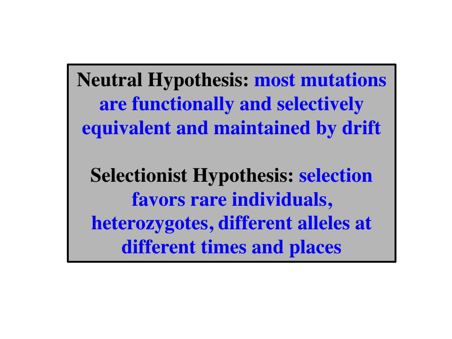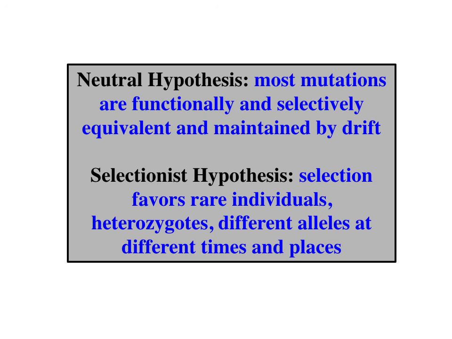The two major hypotheses explaining the existence of this high amount of genetic diversity are, first, the neutral hypothesis, which says that most mutations are selectively and functionally equivalent, and they're maintained by drift. Some mutations arise and they drift up or they drift down to extinction.